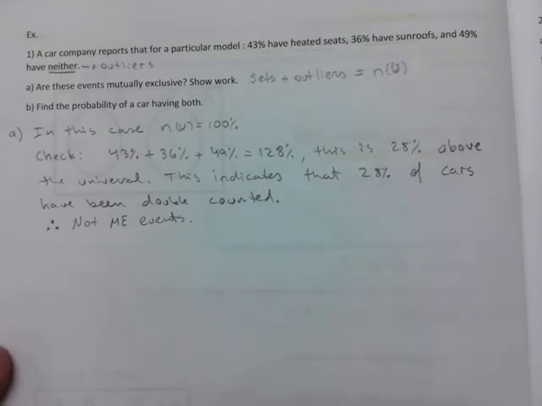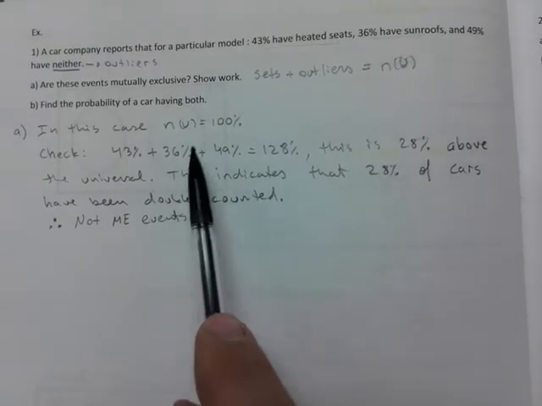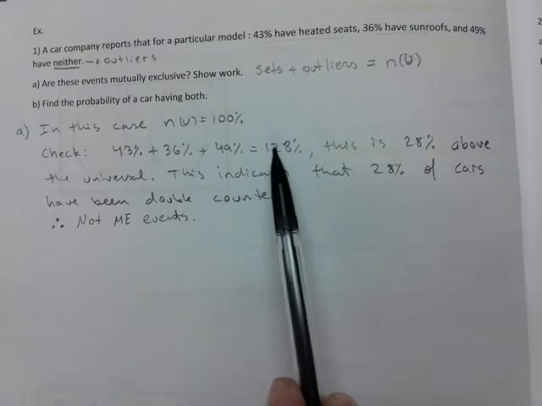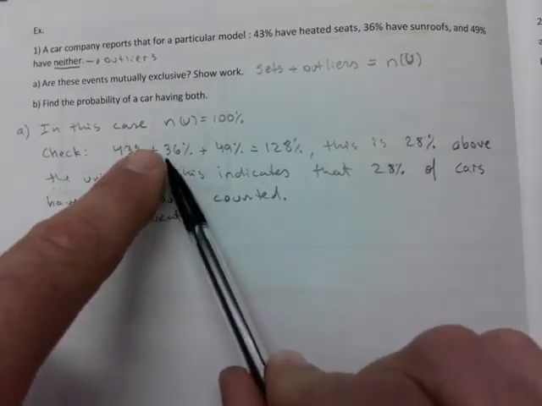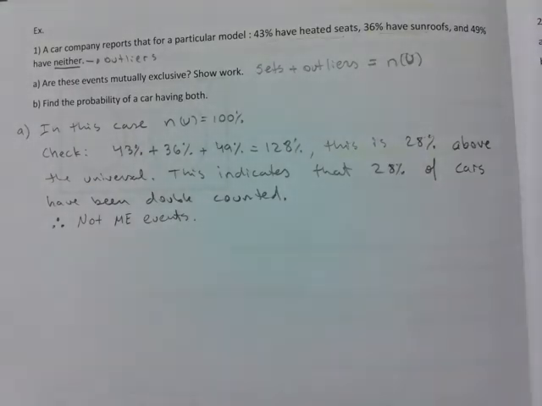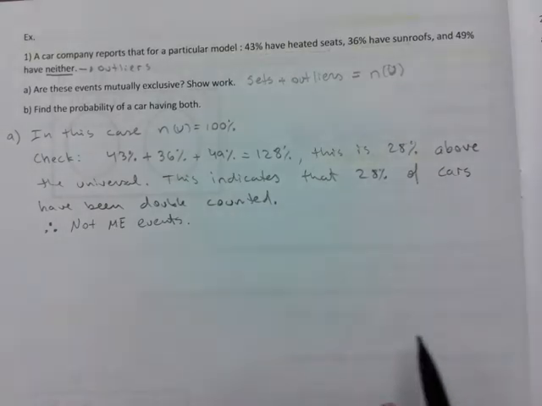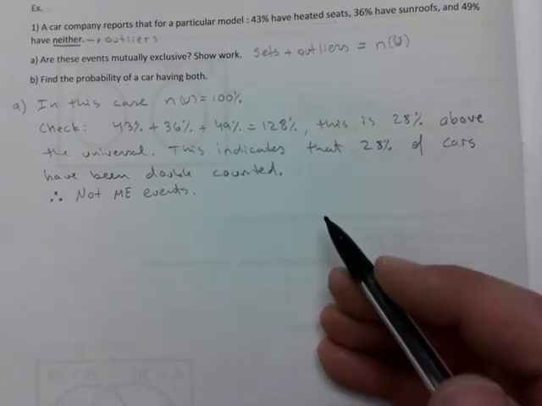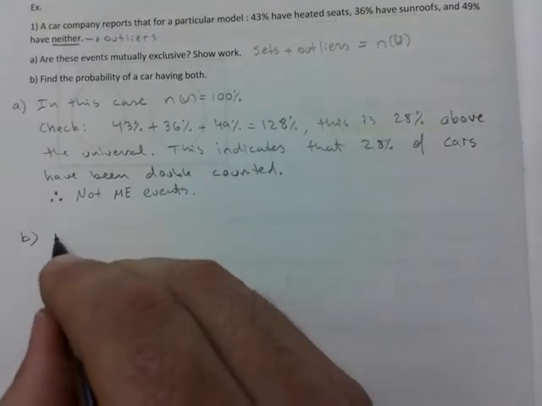If they were mutually exclusive, then if you added the two sets and the outliers, you should get 100%. We are doing that and we get more than 100%, which means that there is an overlap between these two. There has to be. So it says find the probability of a car having both. Just a little giveaway, it's going to be 28%, but this is how you would do it, showing proper work.